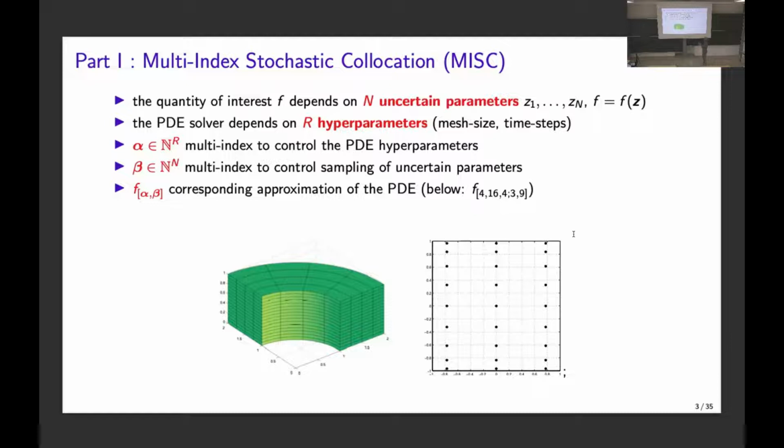So if I want to solve a PDE over this banana shape, and it's an uncertain PDE that depends on two random parameters, this F sub 4,16,4,3,9 means I'm solving 3 times 9 PDEs over a mesh whose discretization is 4 elements in this direction, 16 elements in this direction, and 4 elements in the third direction.